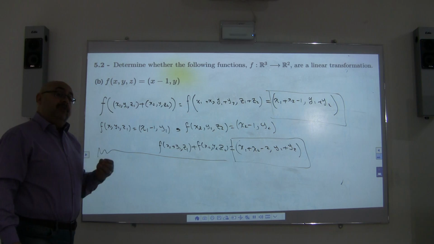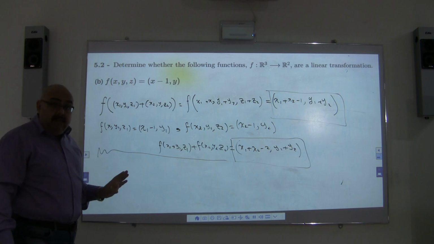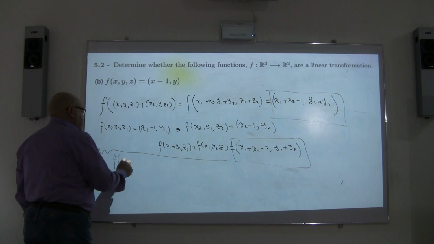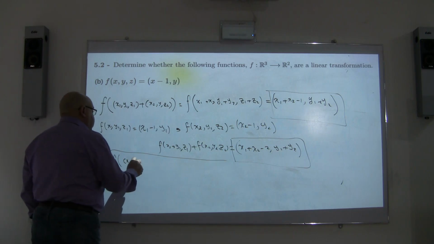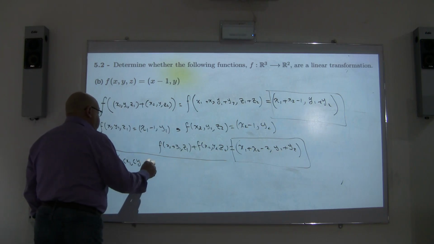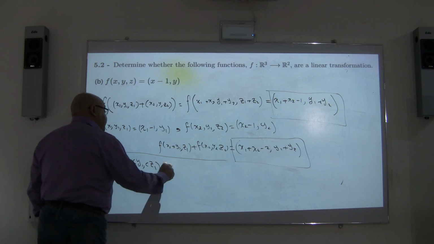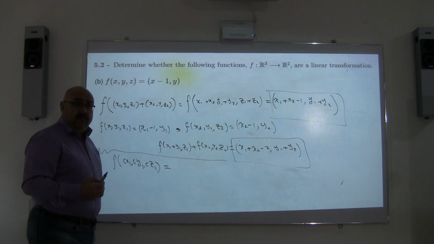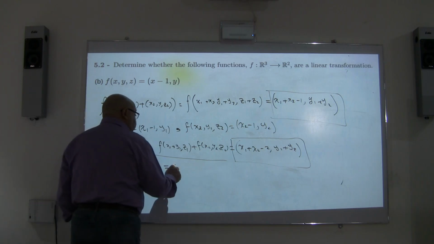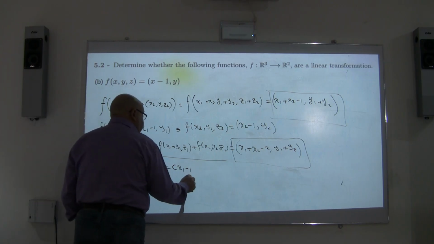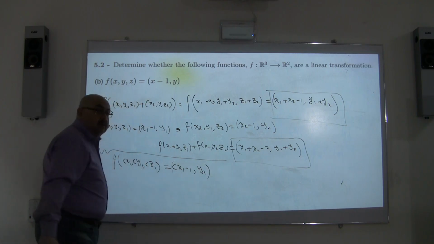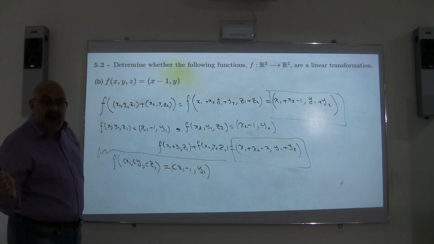But if you want to go for the second check, it's exactly the same. I will try to get f of c of x1, c of y1, c of z1. And the result is really very simple for this transform. It will get the first component, which is cx1 minus 1, and the second component, which is y1. Then I will try to do the other side.